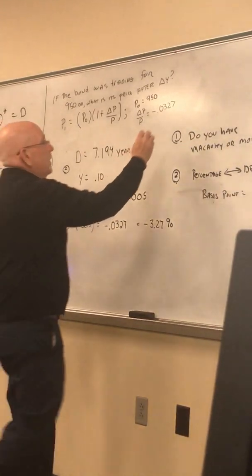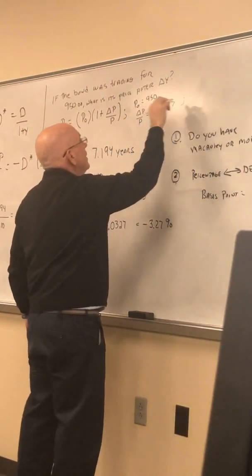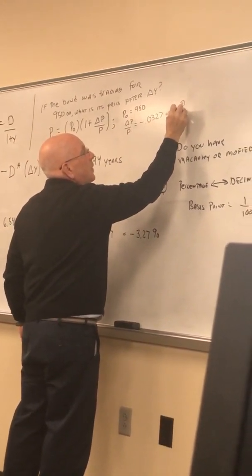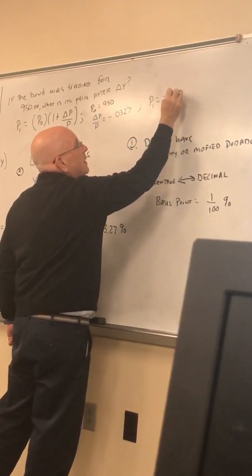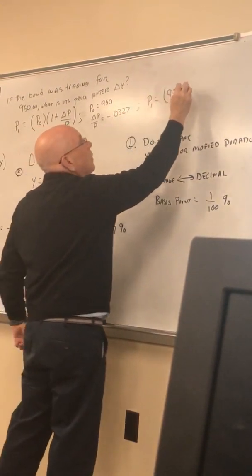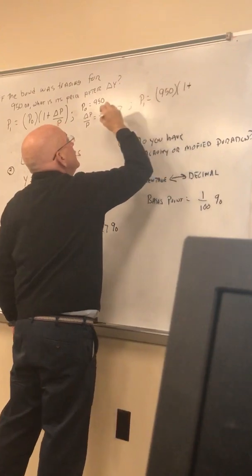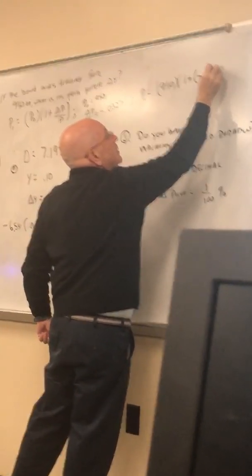So what is the new price of the bond? Okay, let me do my setup here. The new price of the bond is going to be equal to the old price times 1 plus negative 0.0327.